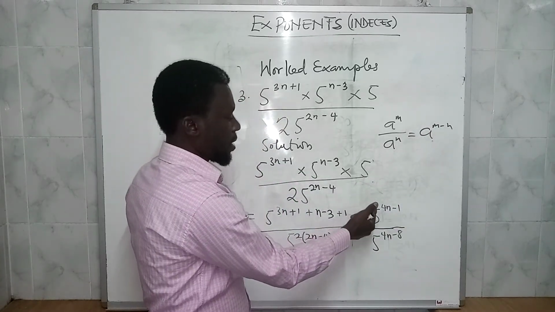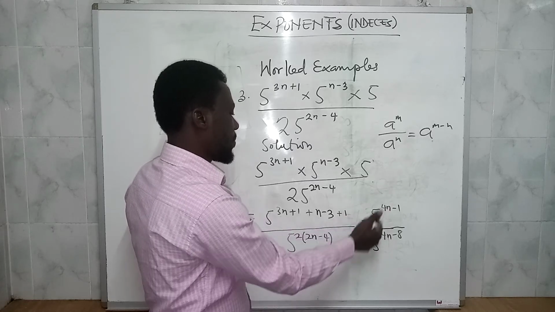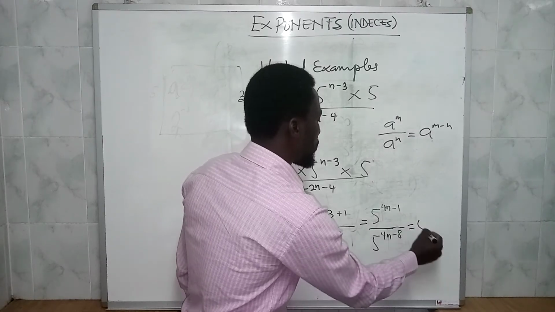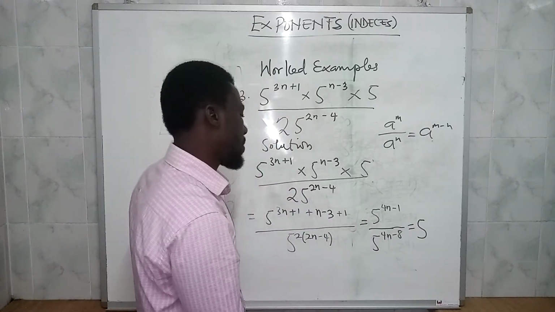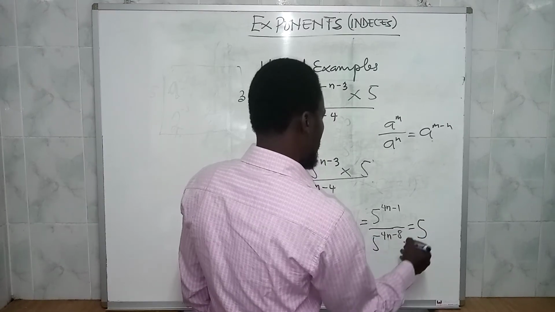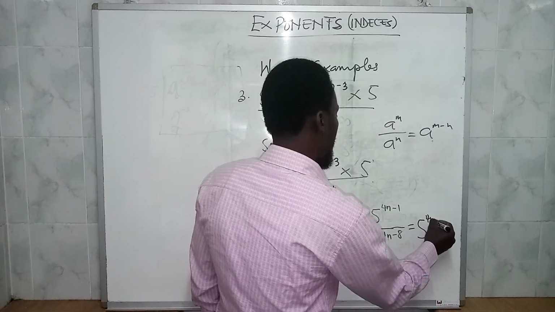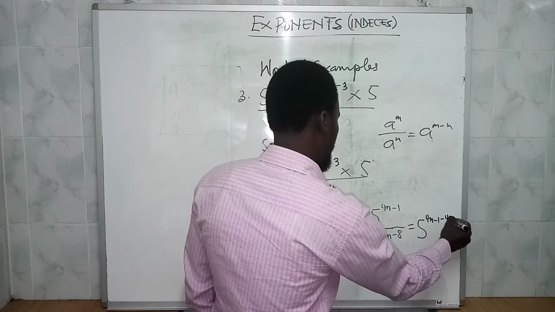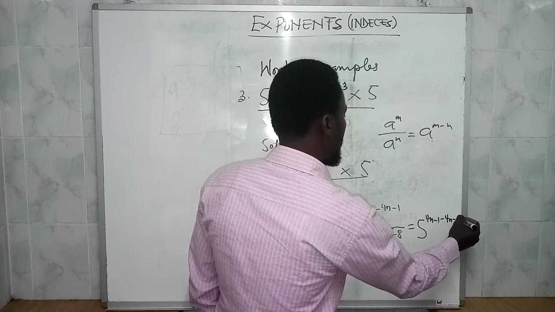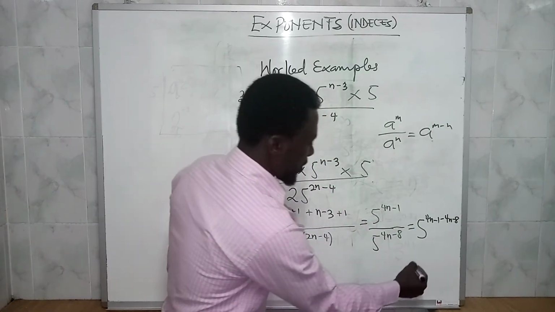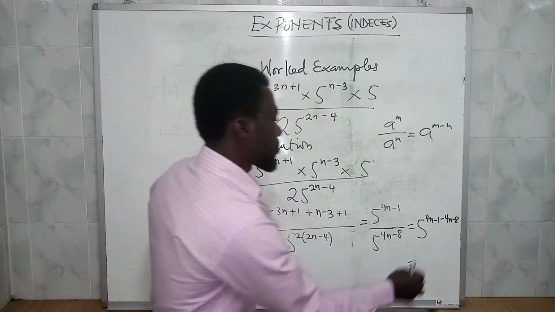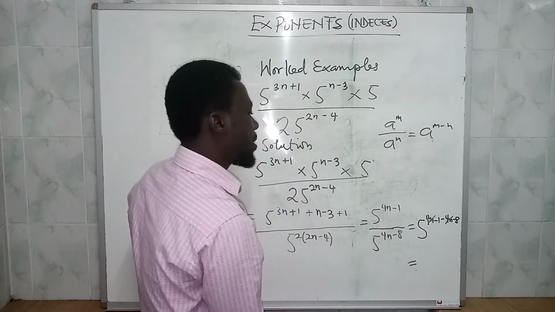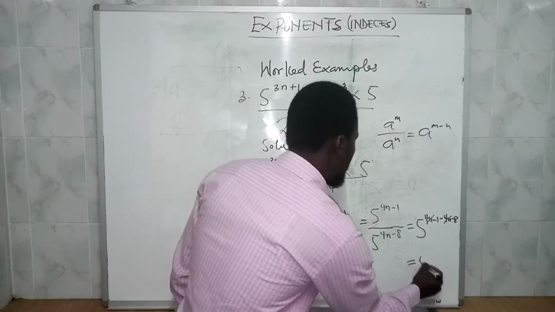So this will be equal to 5 raised to the power, we subtract their exponents, 4n minus 1, then minus 4n and minus 8. 4n minus 4n will cancel out, and then minus 1 minus 8 will give us minus 9.